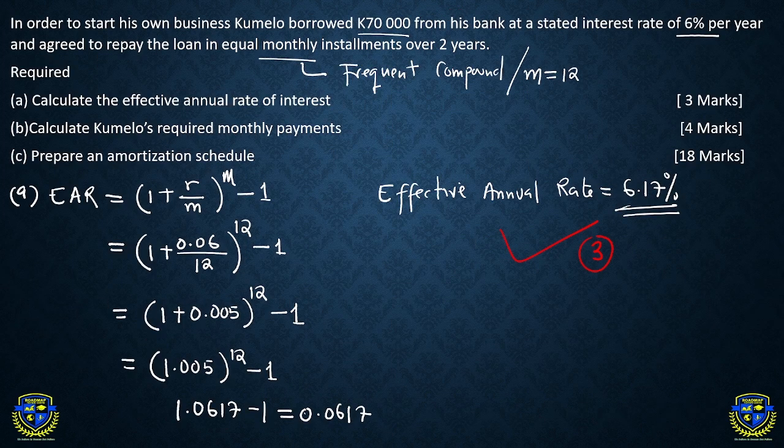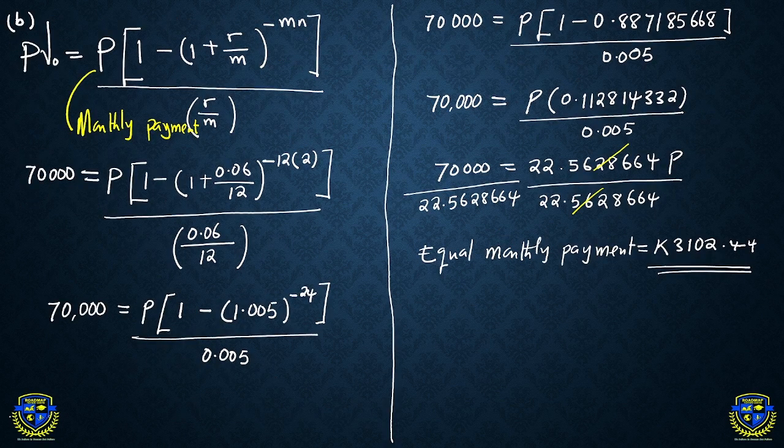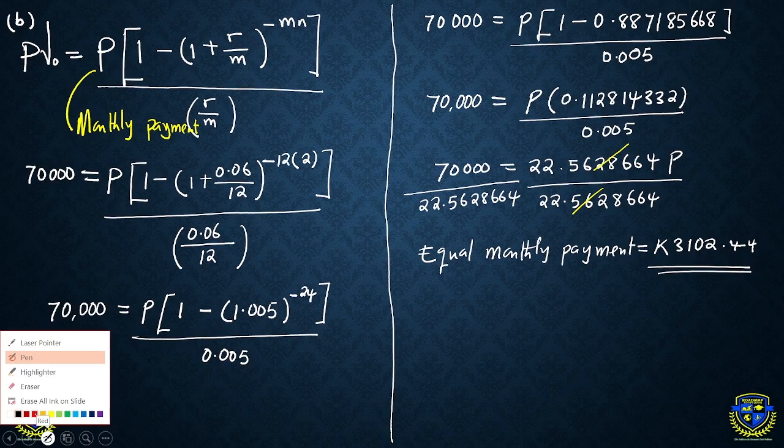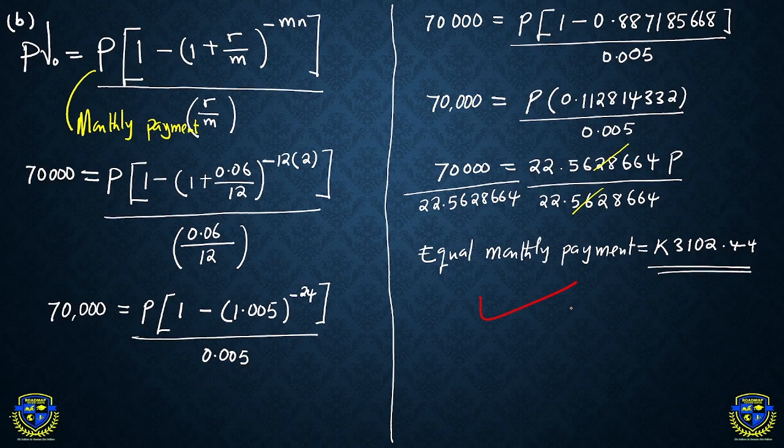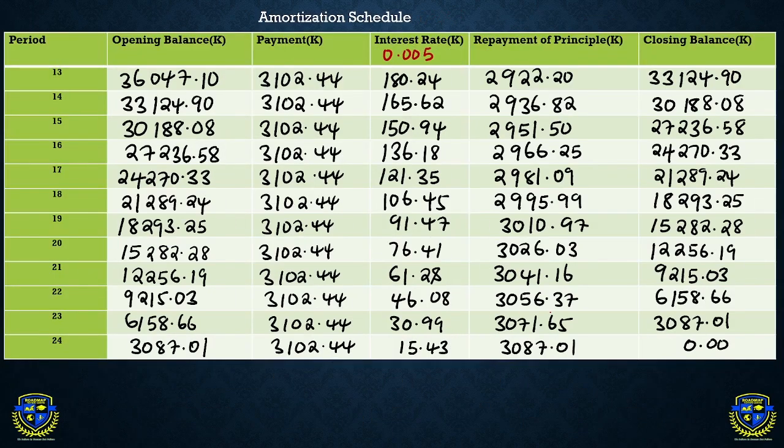So the whole question was totaling up to 25 marks. Okay. So this one, you get your 4 marks. And the last one there, you get your 18 marks for producing this.